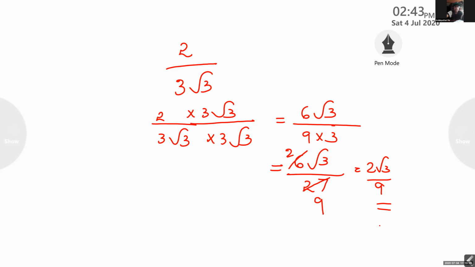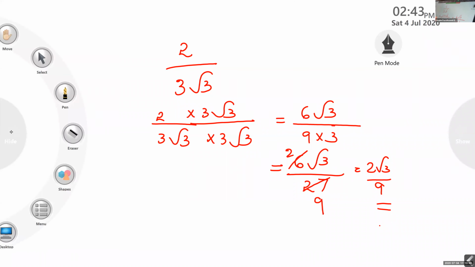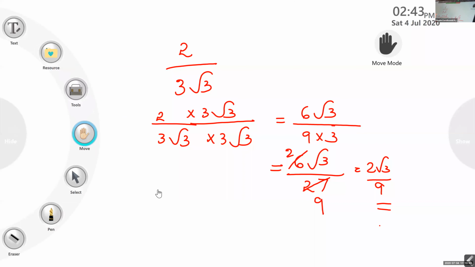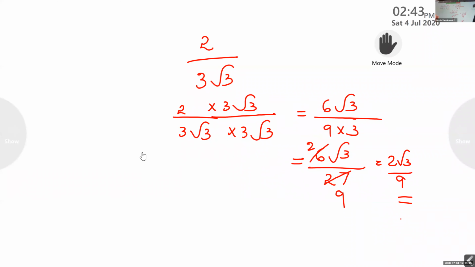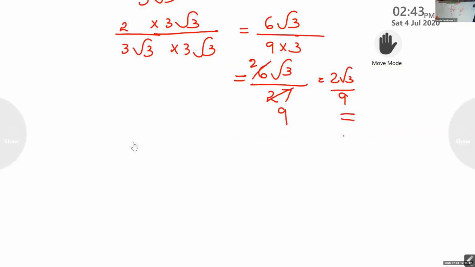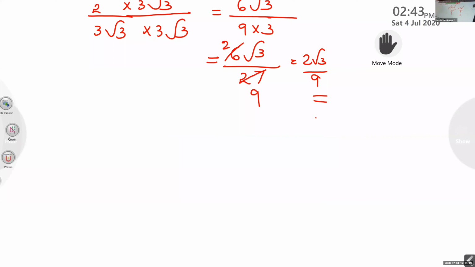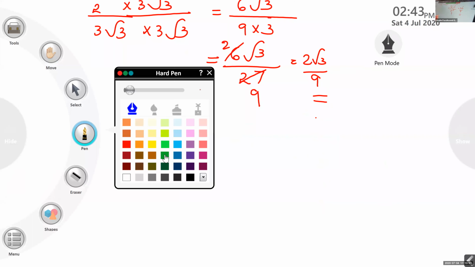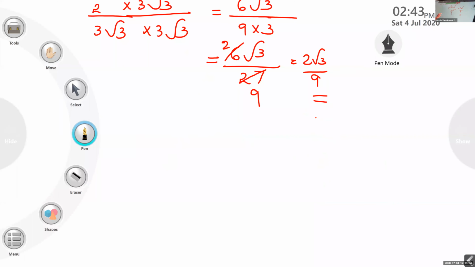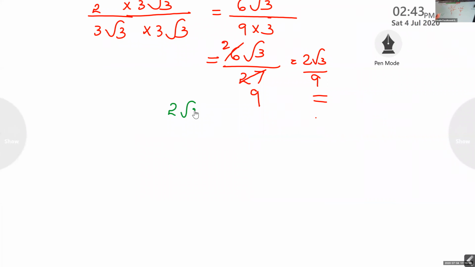I didn't understand. Now I will show you. Listen, this is one answer we got. Now, what was our question? 2 by 3 root 3.